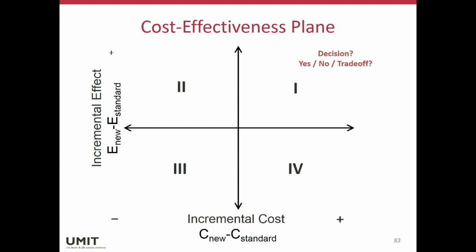Okay, now let's go through this. So what happens in quadrant 1? In quadrant 1, there is a trade-off. Why is there a trade-off? It's more effective and also more expensive.